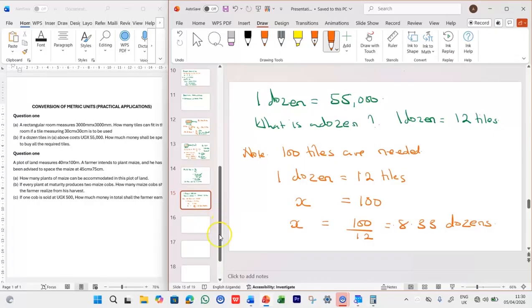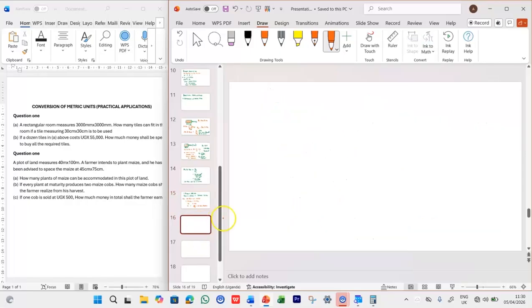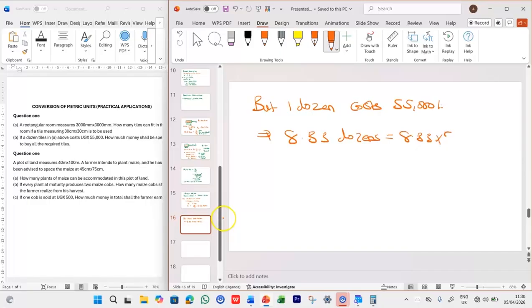But they are telling you that 1 dozen costs 55,000 shillings. This implies that 8.33 dozens will be 8.33 times 55,000.